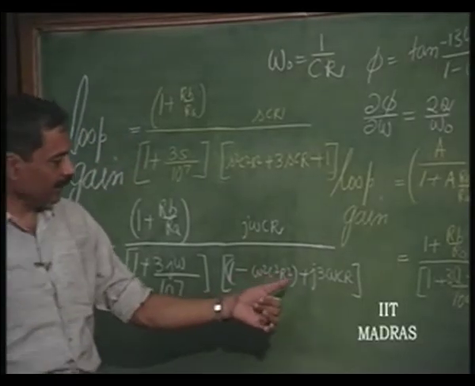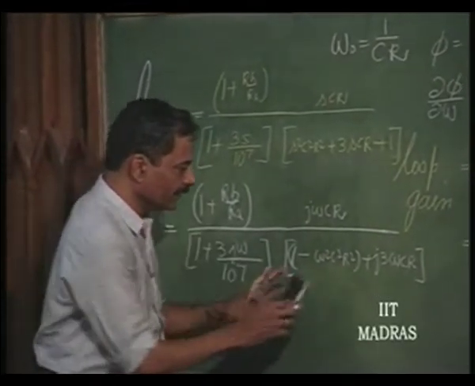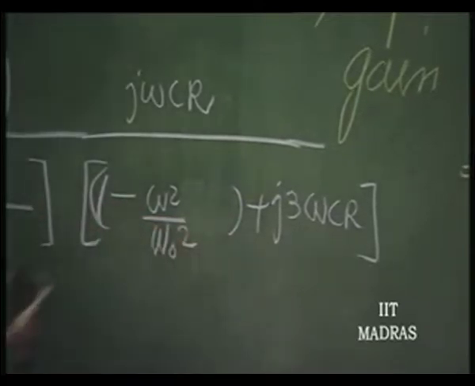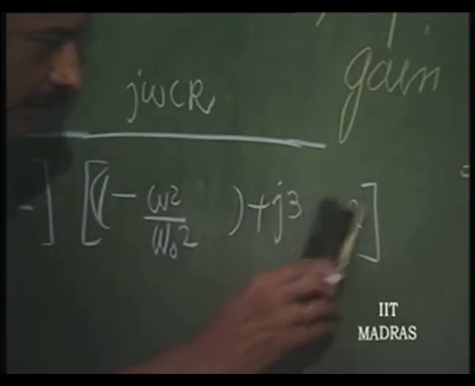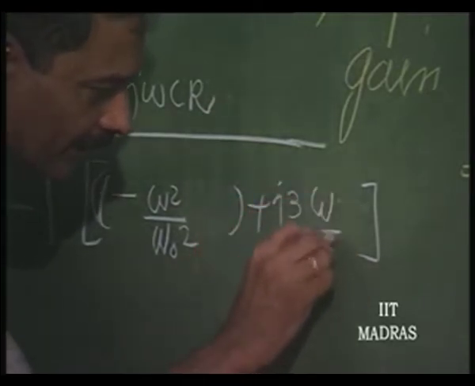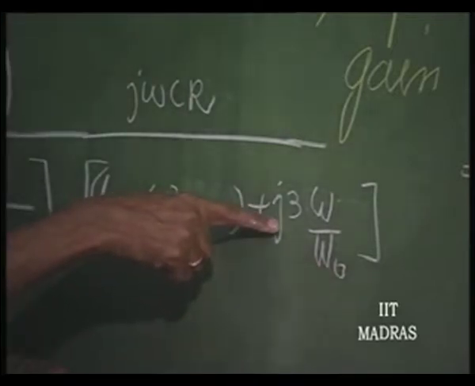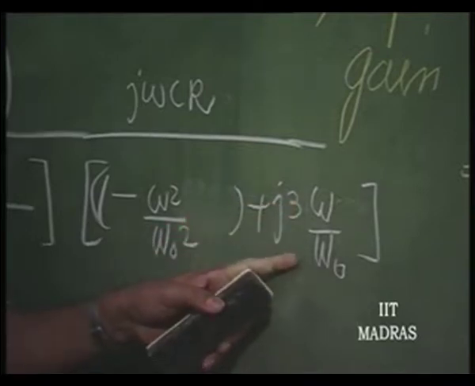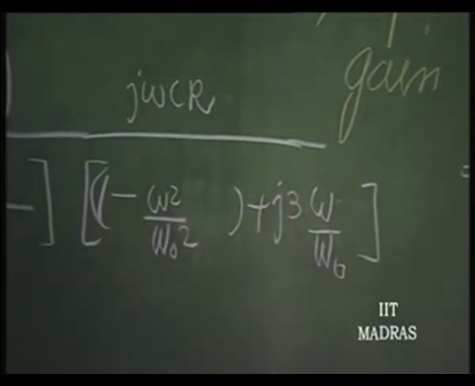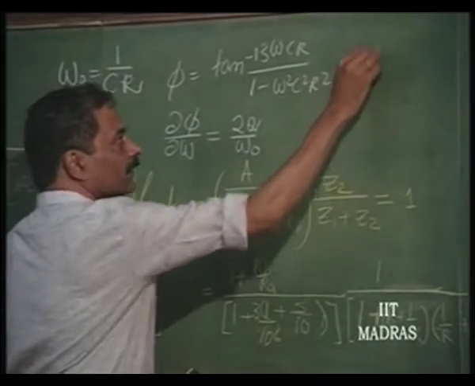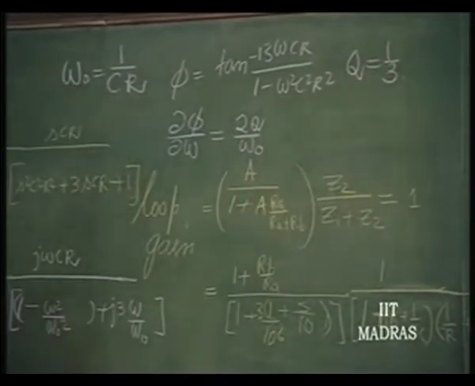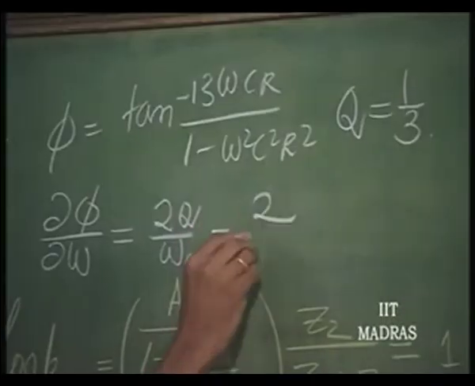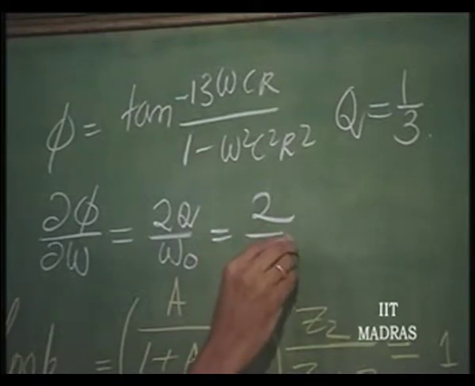You can notice that if I write this in the following fashion, omega squared by omega naught squared, this is already normalized, this is omega by omega naught, q is going to be equal to 1 over 3. This coefficient is 1 over q. So, q is going to be 1 over 3, and therefore, this is going to be 2 omega naught by 3.